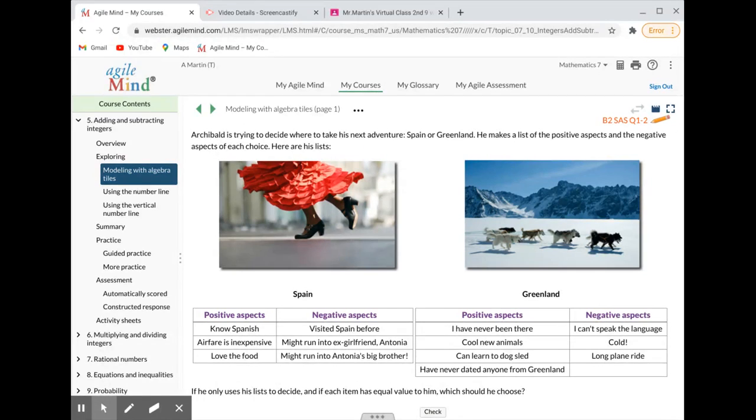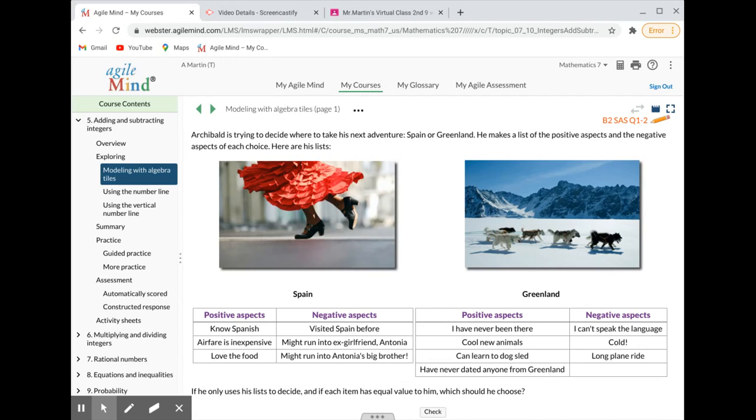If I were to ask, and this is on page 137 in your workbook, how could I model the number 4 with those yellow or red tiles? Remember that yellow tiles are positive, red tiles are negative. I'm looking for the number of tiles I would need to represent the number 4. Go ahead, Devin. 4 yellow tiles? Correct. We would need 4 yellow tiles.